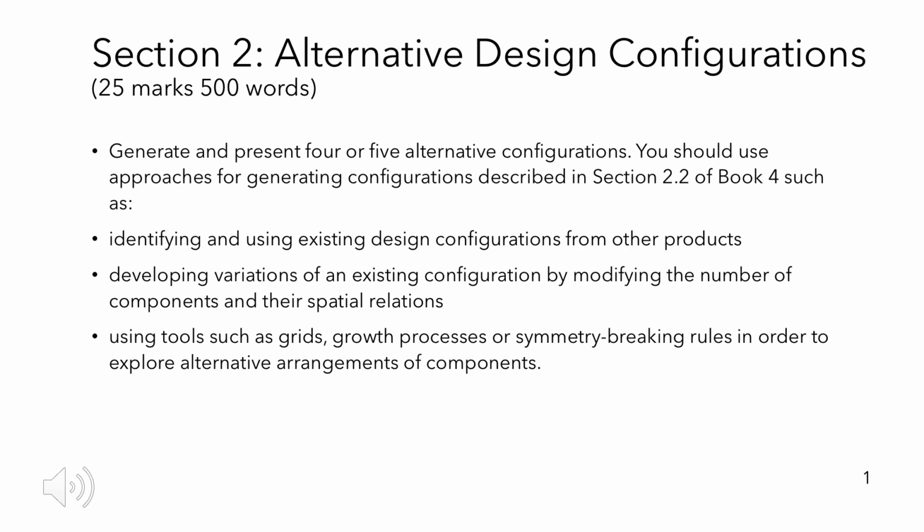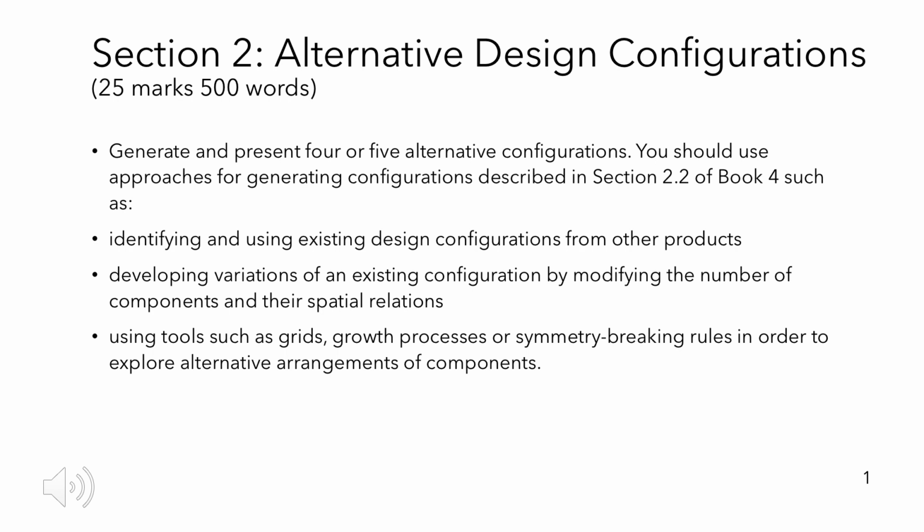So in this second section, you're being asked to present 4 or 5 alternative configurations. And it asks you to use the approaches for generating those configurations that are described in the block in section 2.2. So there are 3 possible strategies that you might use. You could identify and use design configurations that you've seen in other products.